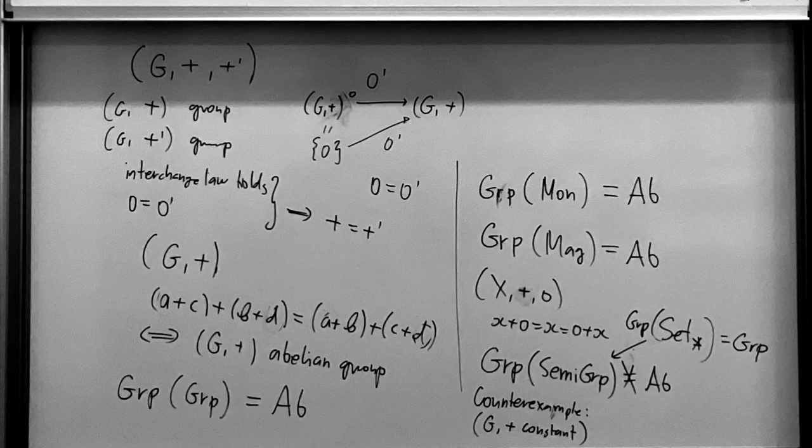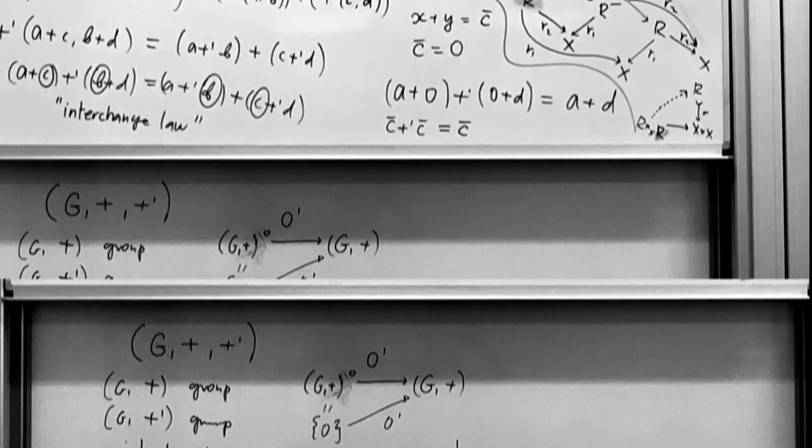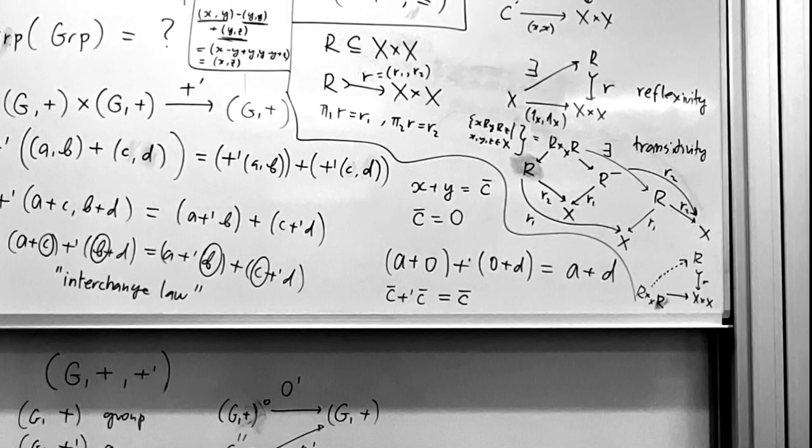Yeah, for semigroups, it's an interesting question. I'm not doubting myself. I'm doubting this guess. So in this equation, the interchange law, if I take the plus that doesn't have 0 anymore, the best I will get here will be that a plus 0 plus' 0 plus d equals a plus d, right?